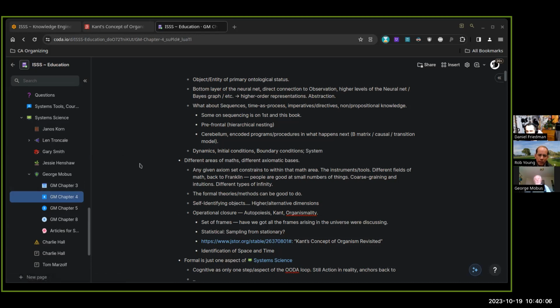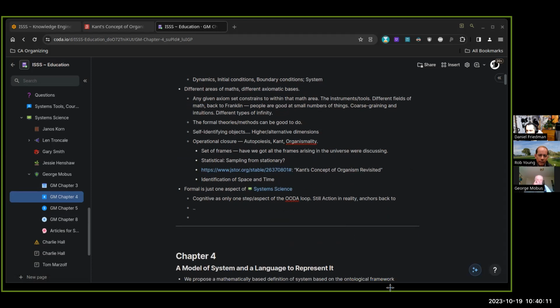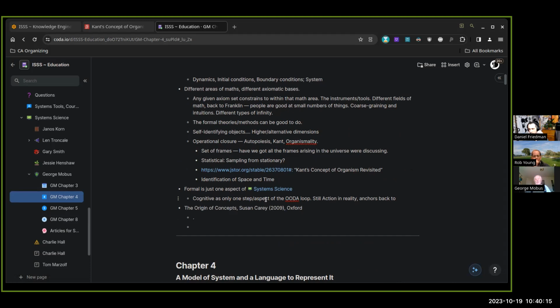Do you want to expand on why you put that reference forward? Yeah, it's just kind of helpful when you're interested in where these concepts come from, or how they get formed. Susan Carey is one of the foremost researchers in cognitive science with respect to concepts such as numbers and space and time.